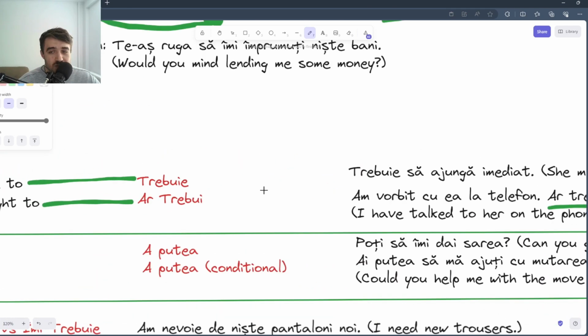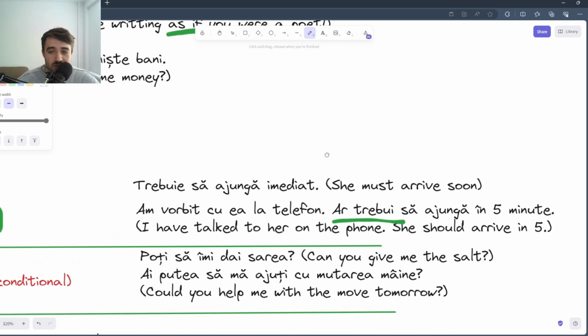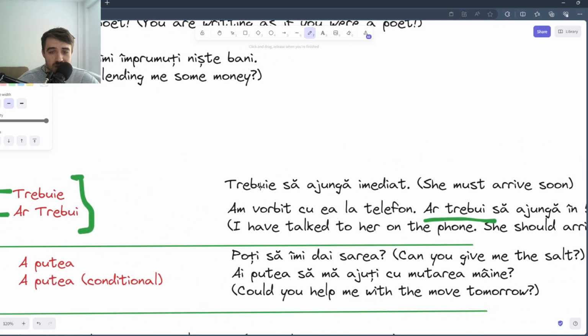You need to bear in mind that these two do not conjugate. If you don't know what that means, it's that they do not change depending on the person. You have to see, for example, trebuie să ajungă. This is she must arrive. But if you had I must arrive, it would be trebuie să ajung.